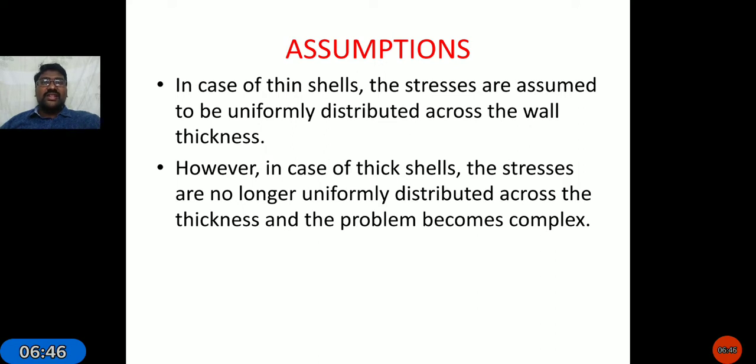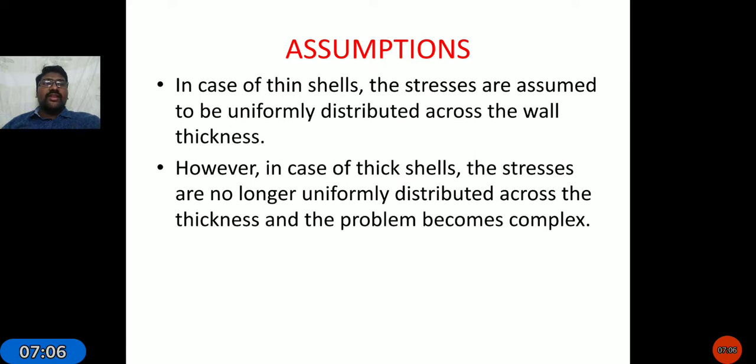That means the stresses developed in the cylindrical shell are not uniform. Based on that we cannot find the relations, so we need to assume the stresses are developed uniformly in the cross section.